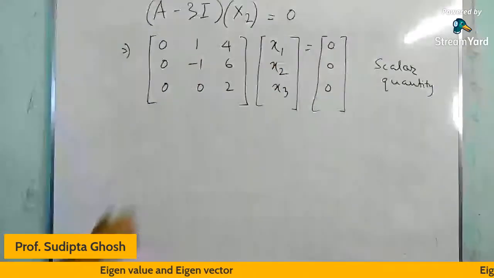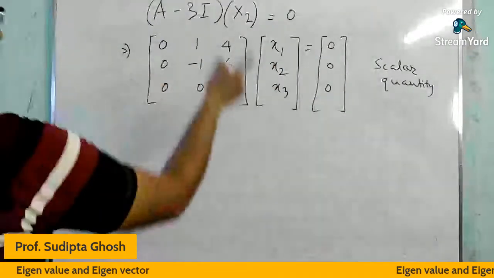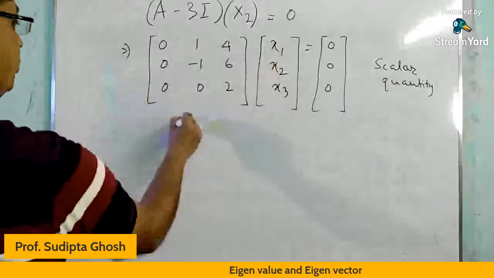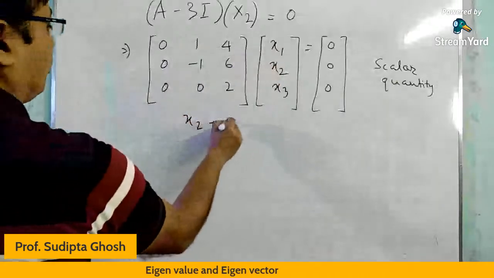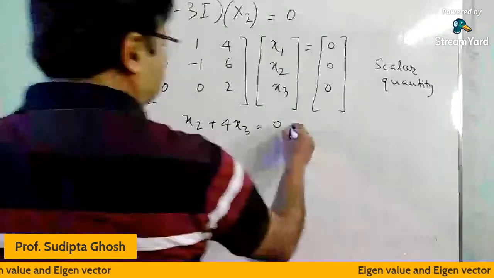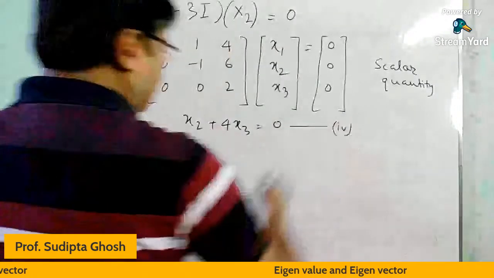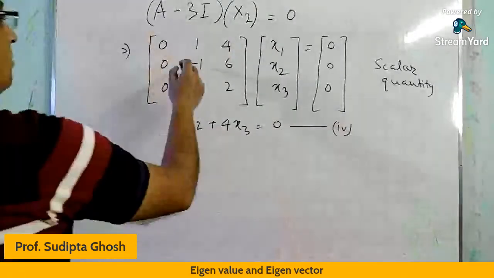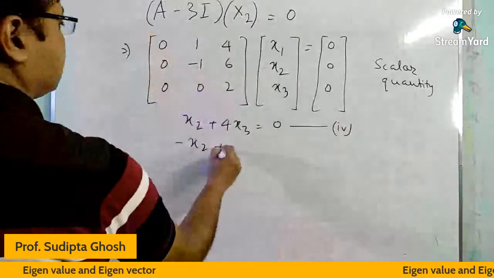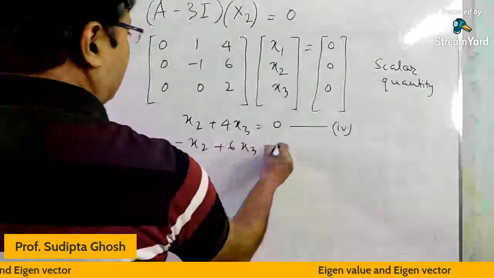So from this the equations can be written as 0x1 plus x2 plus 4x3 equals 0. So x2 plus 4x3 equals 0. Let it be equation 4. Then minus x2 plus 6x3 equals 0.